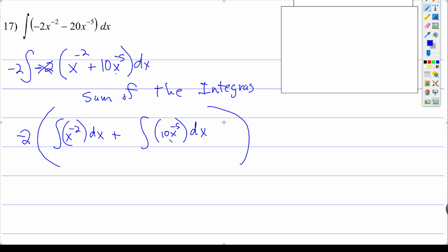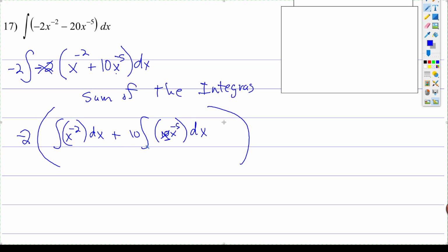Well, notice this one has a constant, so I'm going to bring that 10 out because remember the limit law, the constant comes out in front.